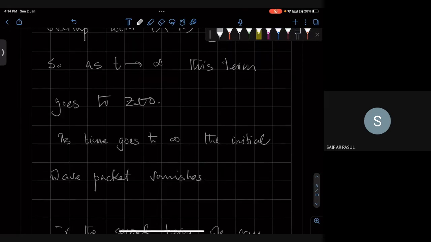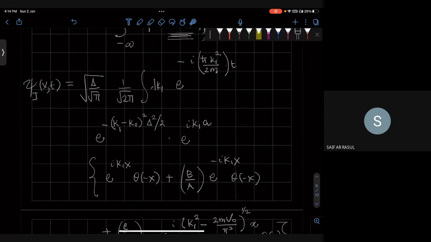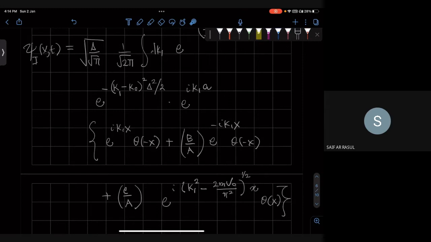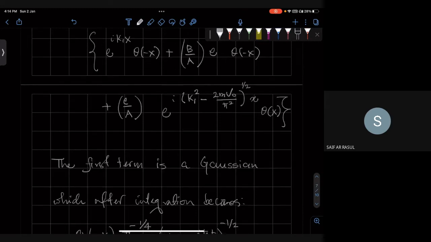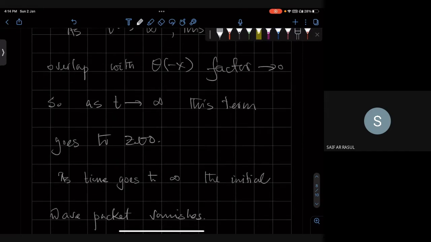If I do this, then for the second term I can take this factor and this factor out of the integration, and what we have left over is just a normal Gaussian integral.